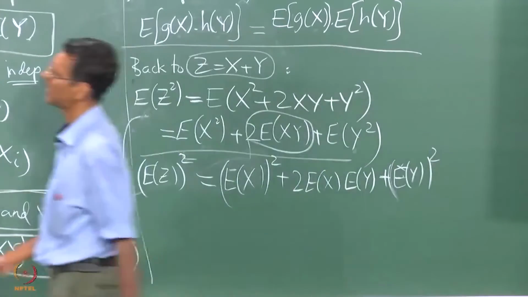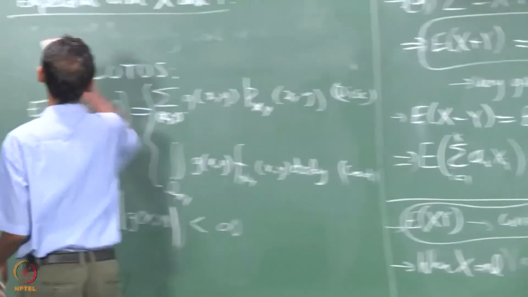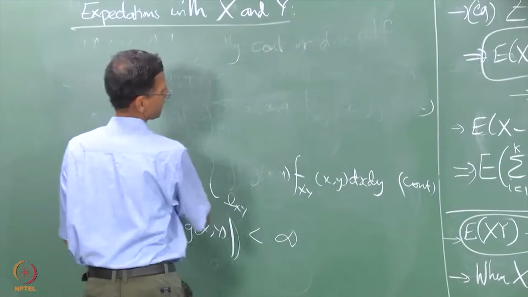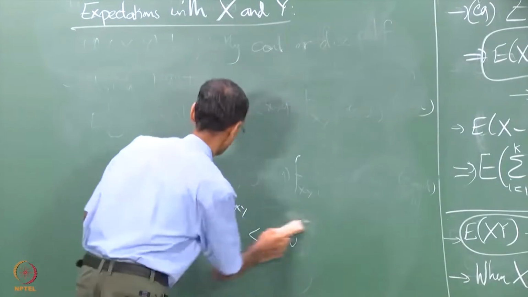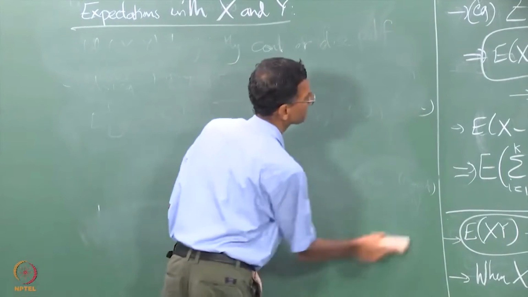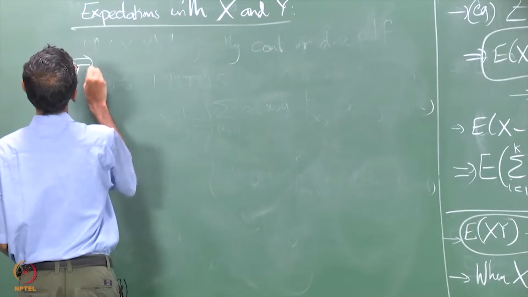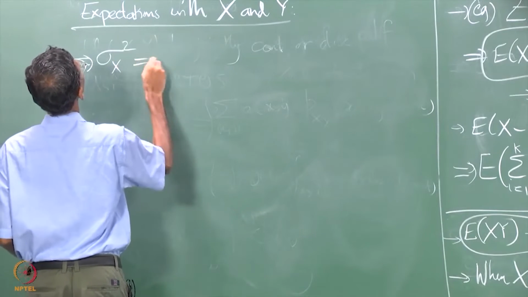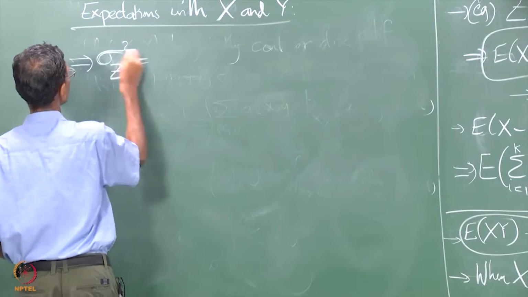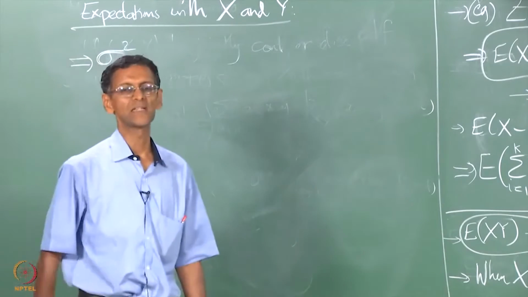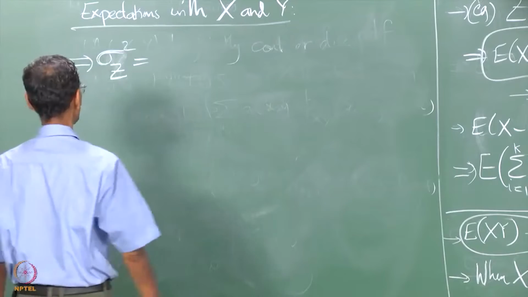I think I can go back here. Sigma, the variance of z. By the way, sigma z squared is a bit inconvenient to write down.